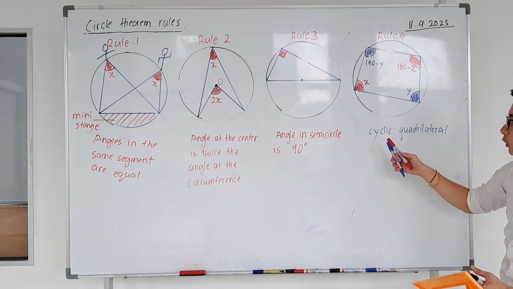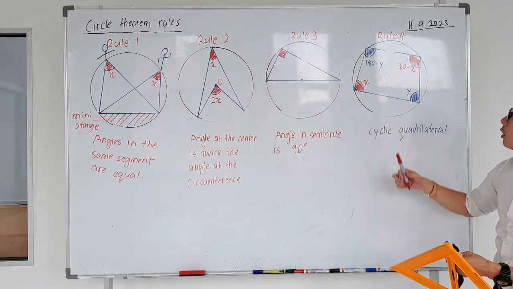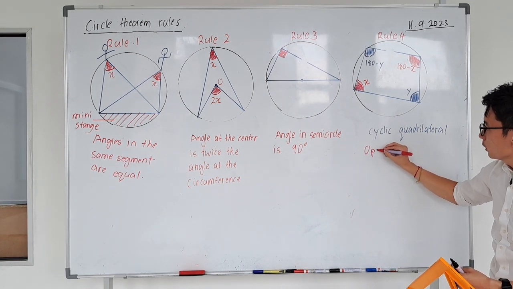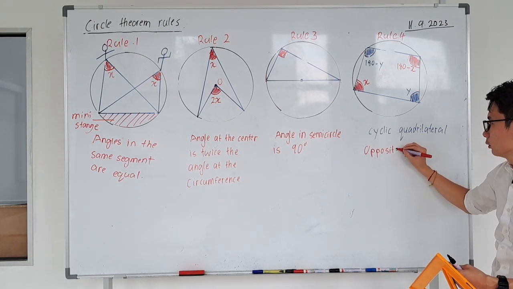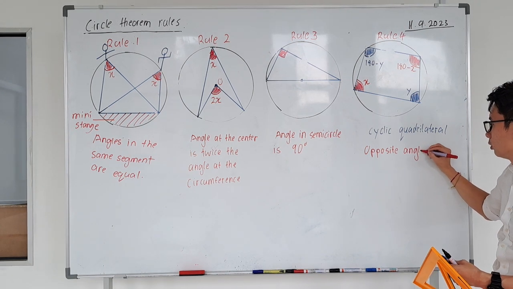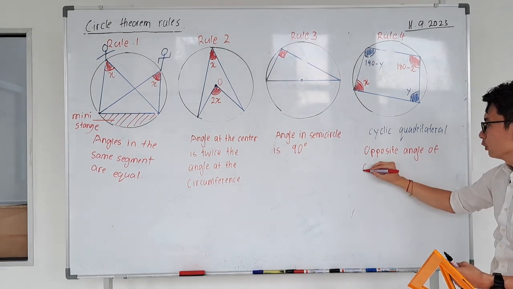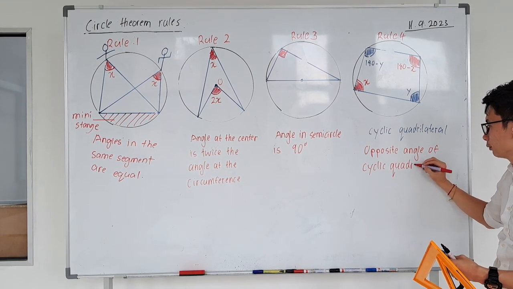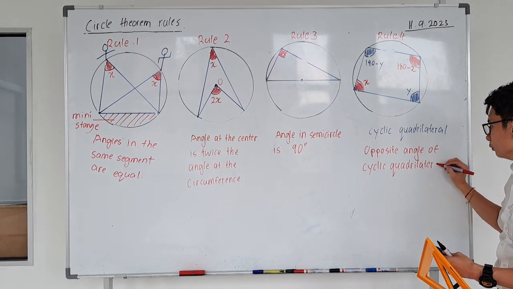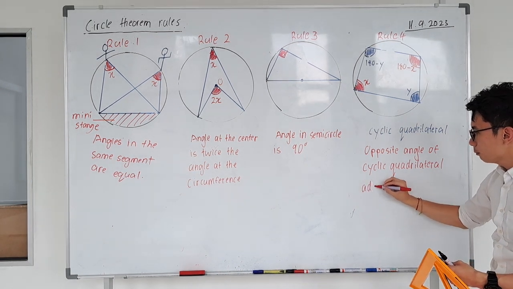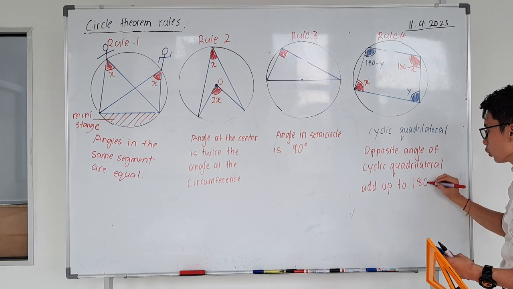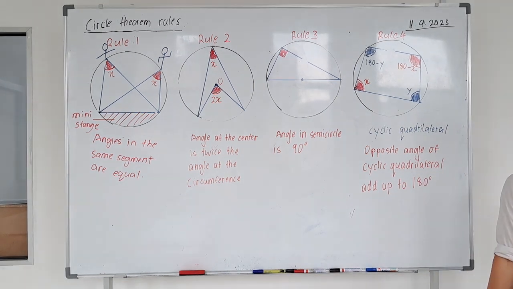So based on this, I can write my rule over here. This is written as: opposite angles of a cyclic quadrilateral add up to 180 degrees, always, all the time.